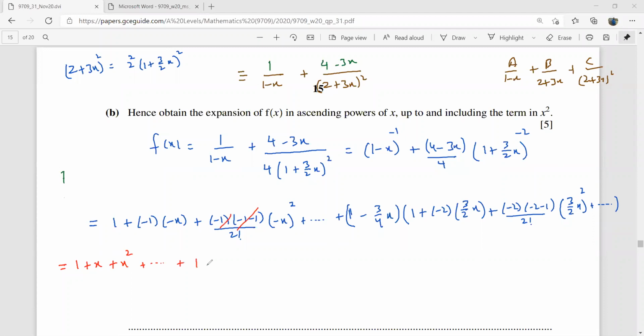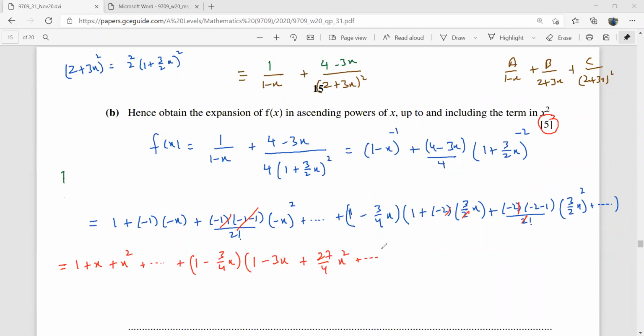We have plus 1 minus 3 over 4x. You have to be very patient, go slow, okay? There are 5 marks, see? So hasty work can result in a loss of marks here. This is 1. This 2 is cancelled by this. This is going to be minus 3x. And then this 2 is cancelled by this 2. Minus into minus gives us plus. There is going to be plus 3 into 9 over 4x square. That is 27 over 4x square.